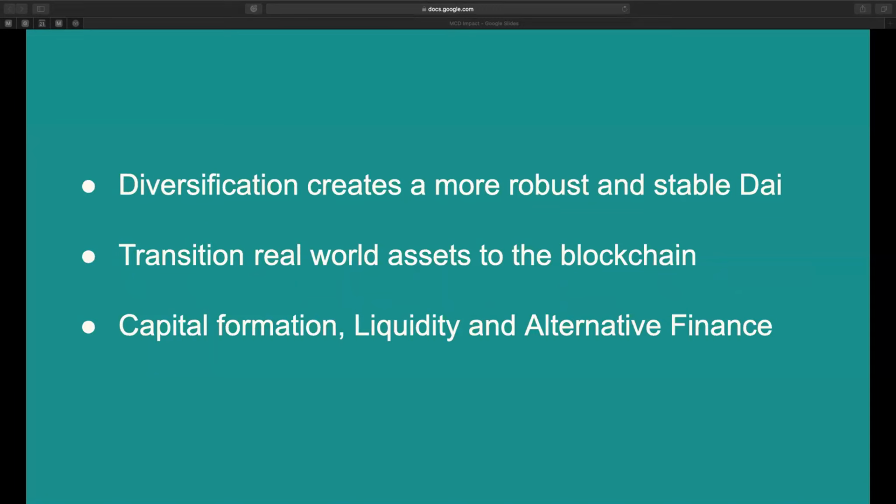But here's the issue. Currently, the available native crypto assets are far too correlated and also far too small to scale the system. So we need to look at transitioning real-world assets to the blockchain, and that's what's required. In the short to medium term, I would say that real-world assets will be the main provision of the necessary diversification and volume.